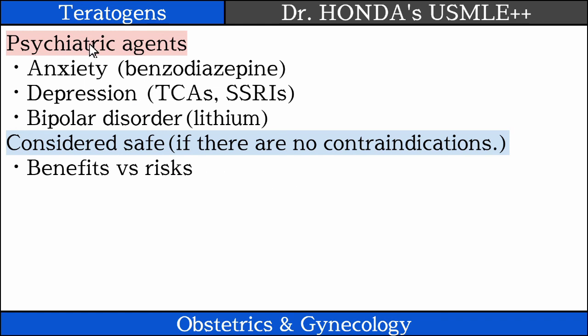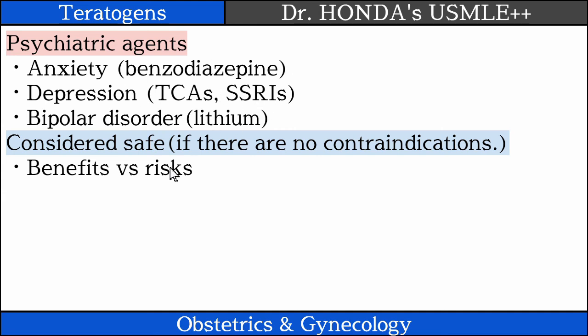And if your patient has a psychiatric problem, anxiety disorder, basically SSRIs are the first line, right? But you can use benzos too, but you don't want to use them. When your patient has depression, you can use TCAs. Bipolar disorder, lithium. You can use lithium for these, but when your patients are pregnant, you want to avoid these basically.